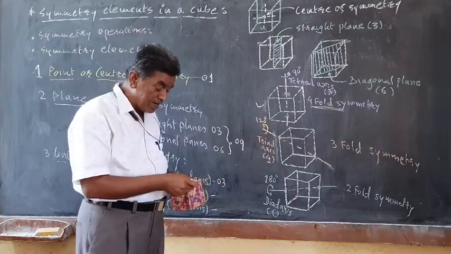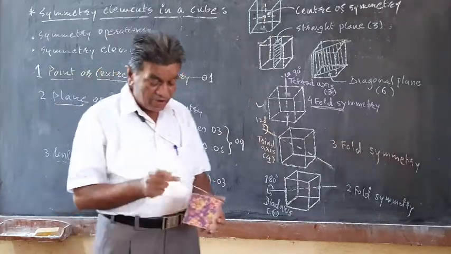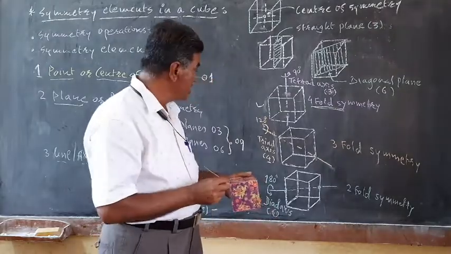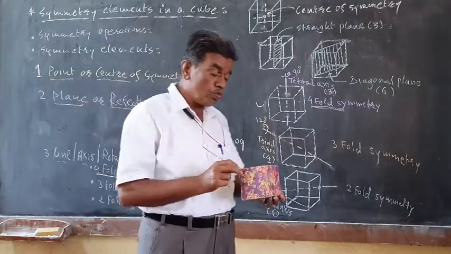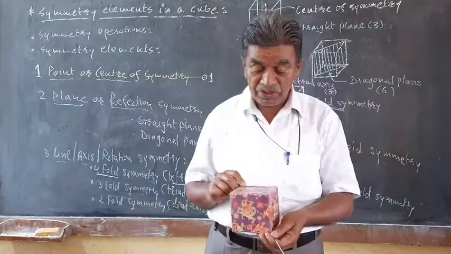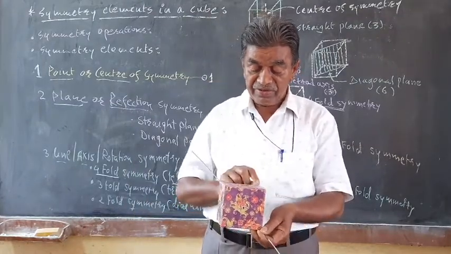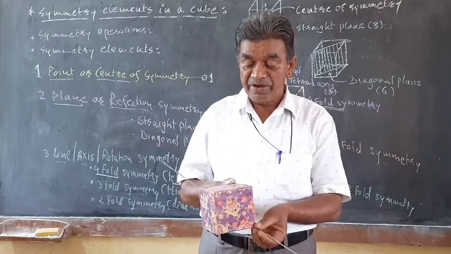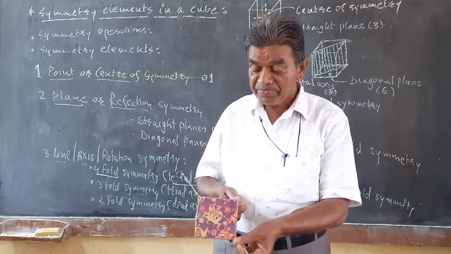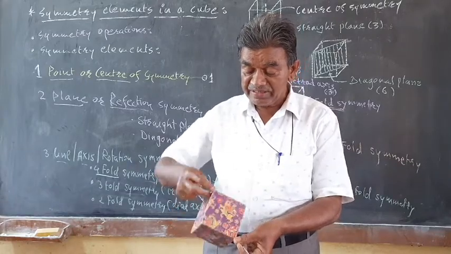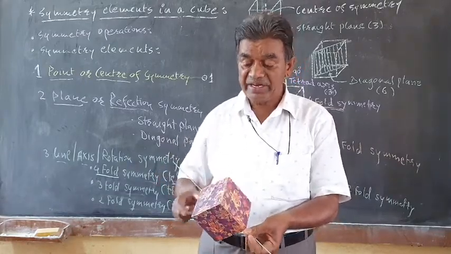If the cube is rotated along the line passing through the diagonal, like this diagonal, we can see that through 120 degrees you get the same appearance, and within one rotation you get the same appearance 3 times. This is 1, 2, and this is nothing but 3.